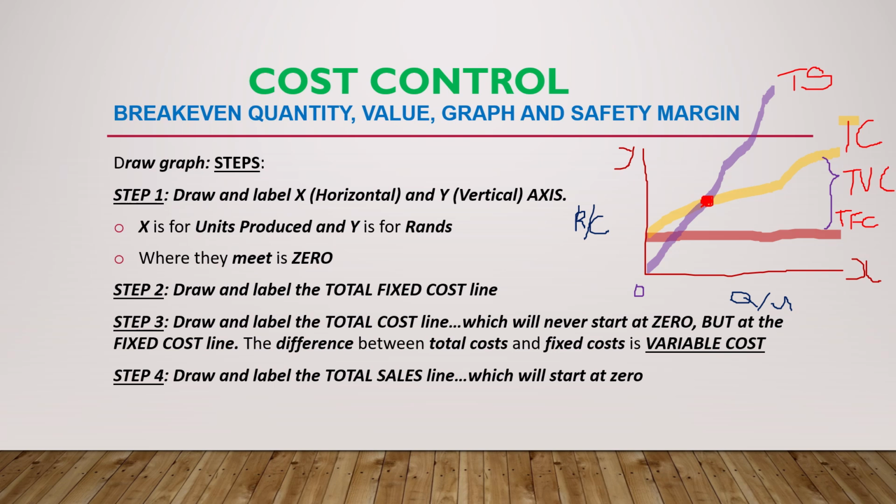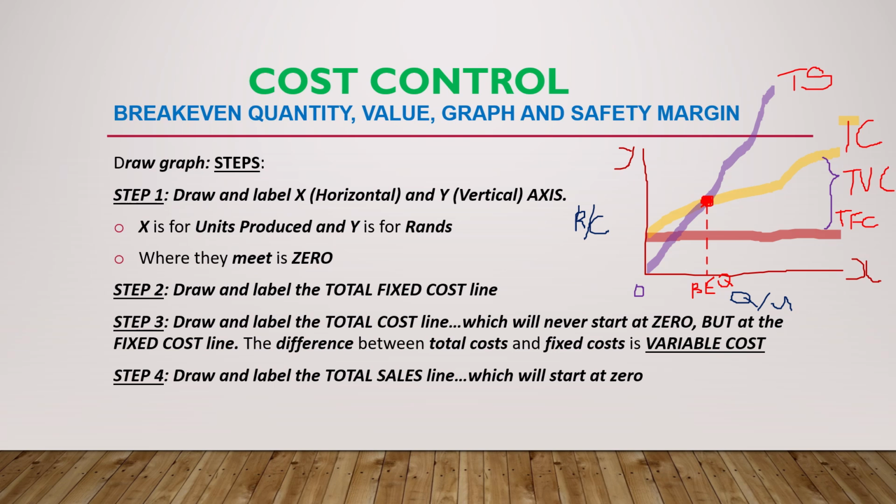Now at the equilibrium point, you go down. Remember, these are quantities. This side is quantity, so this is your break-even quantity.